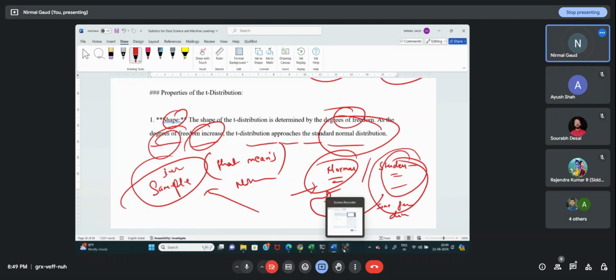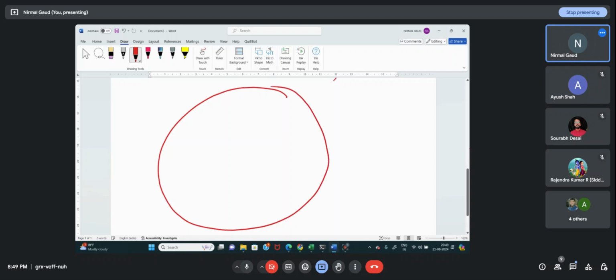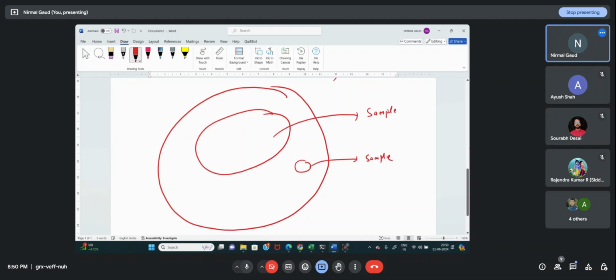Okay, so this is your entire population, this is your sample. This is another sample. Since this sample is small, I can apply student t to it, and this sample is big, so I have to apply normal distribution here.